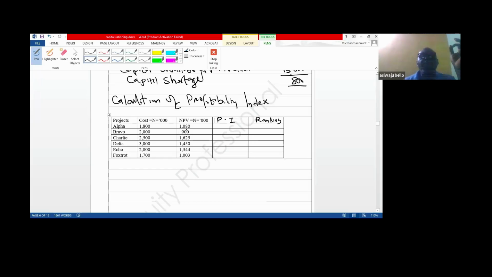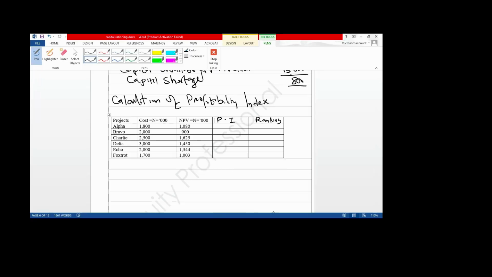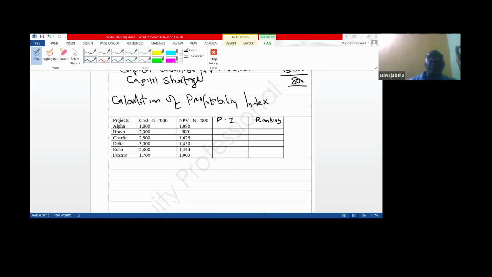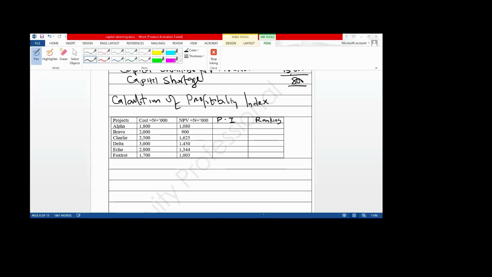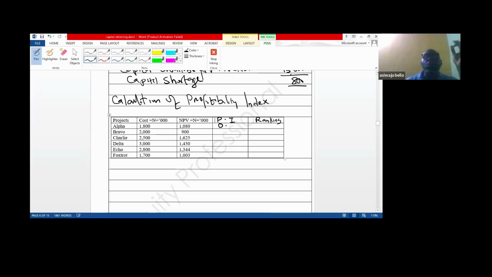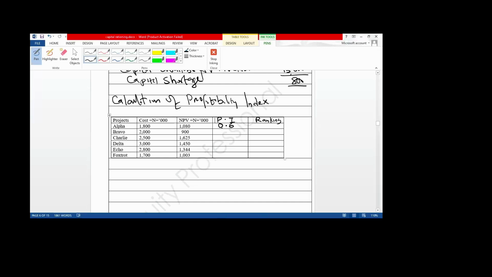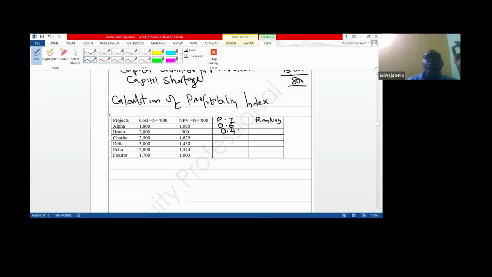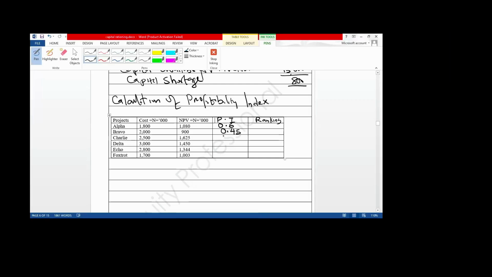Your profitability index, NPV divided by the investment cost. 1,080 divided by 1,800 is 0.6. Next, 0.45. Next, 0.65.